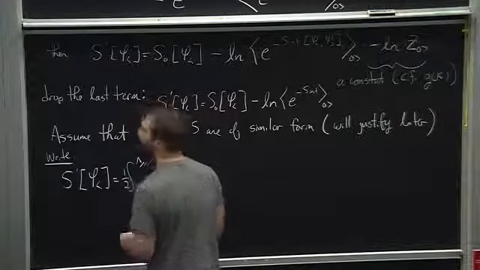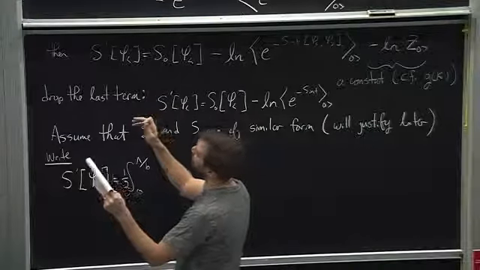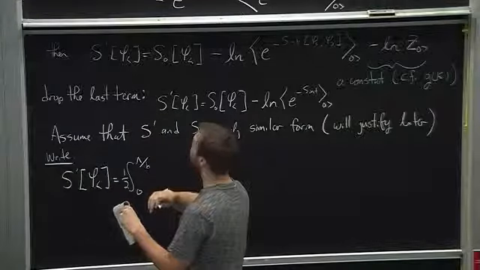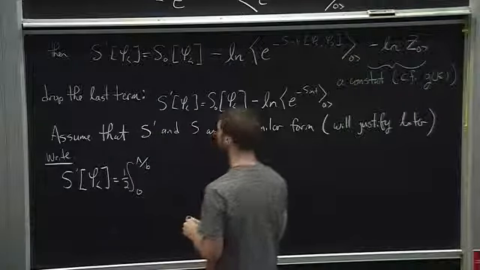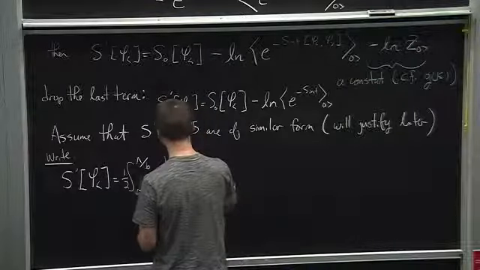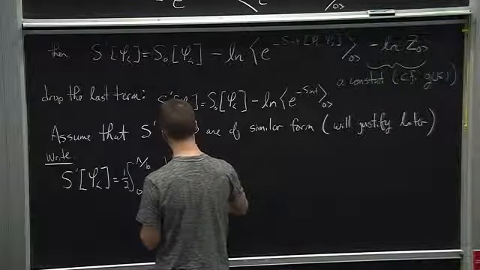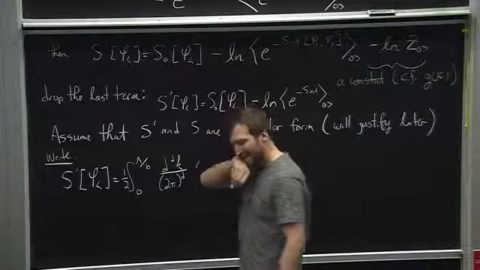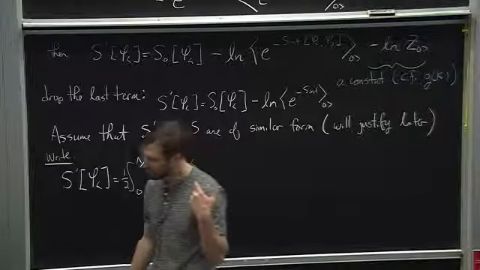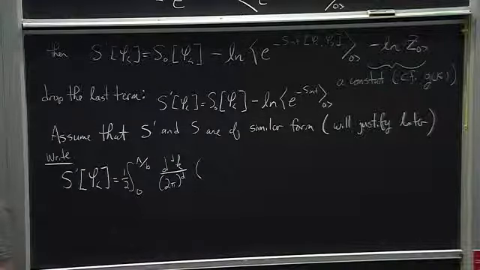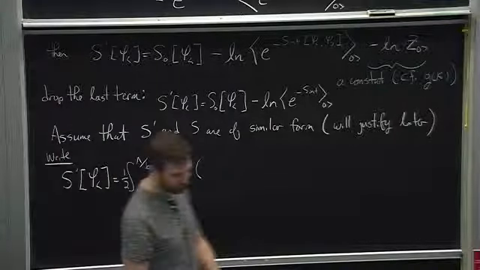So I have an integral over just the slow modes, right? Everything left. Now I had K squared plus, what?